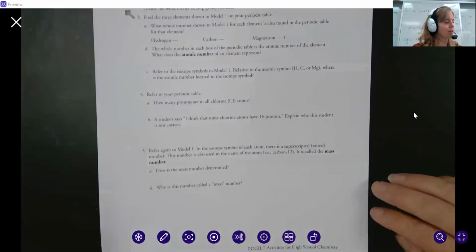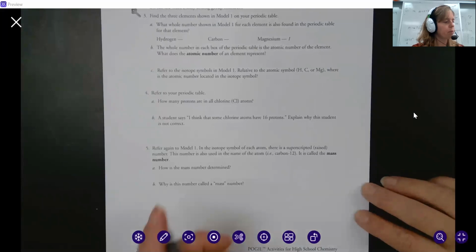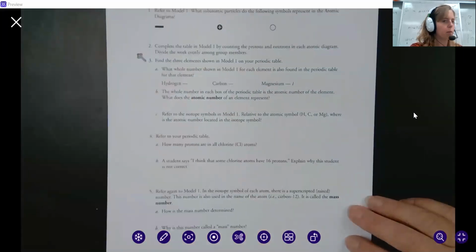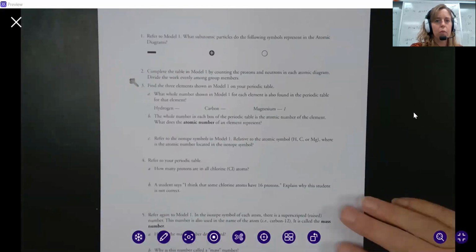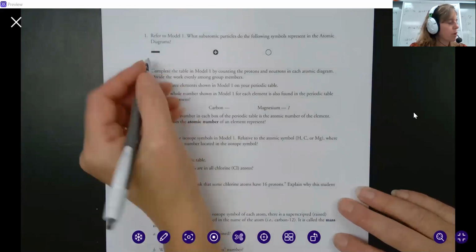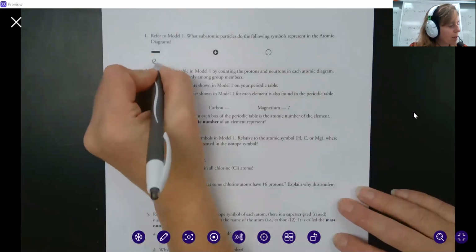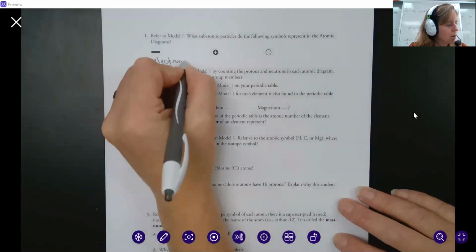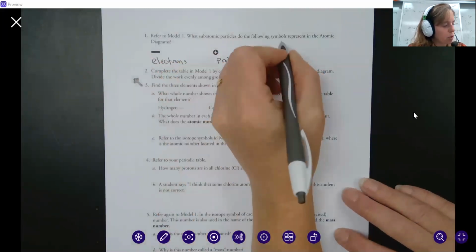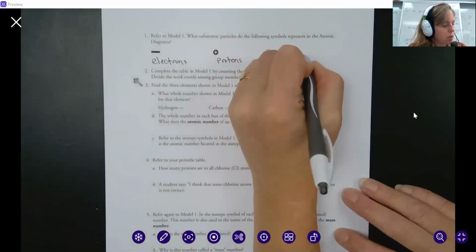Now let me flip my page over, and it says refer to model 1. Which subatomic particles do the following symbols represent in the atomic diagrams? The dash here represents electrons. The positive is protons, and this neutral circle are neutrons.